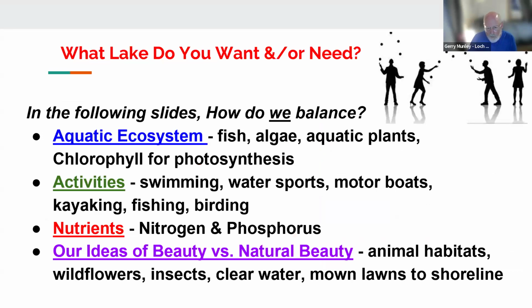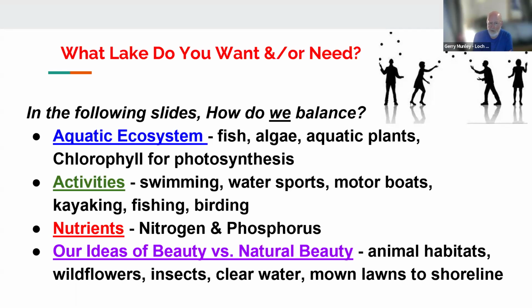So the next few slides, kind of for us to ask the questions, well, what kind of a lake do we want? Or what do we think we need? And how do we find that balance of these things, like aquatic ecosystems? Do you want a lake that has a great aquatic ecosystem for fish, algae, plants, photosynthesis? Or do you want something that's a really super clear lake for swimming, water sports, great boating, kayaking, fishing, very few plants clogging up your motors?